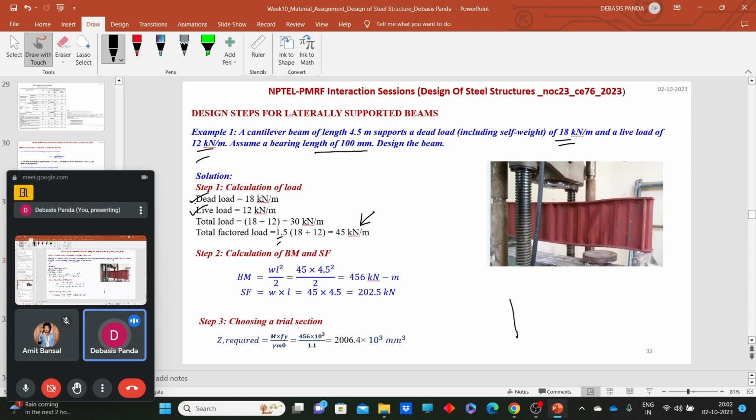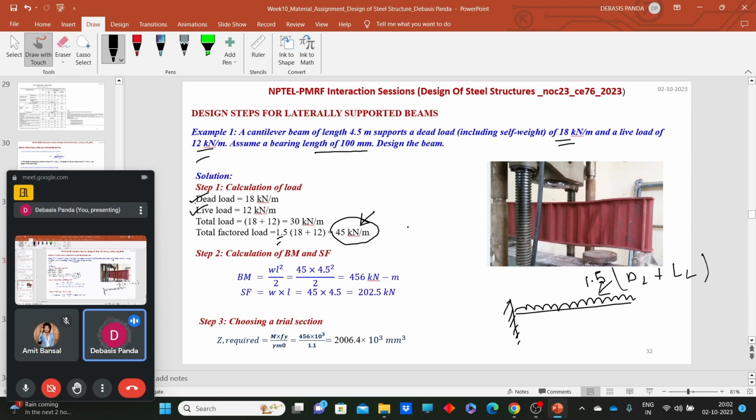Some load is coming, which is a combination of dead load and live load, and for dead load and live load, the factor of safety as per limit state design is 1.5. So this is the factored load coming to the beam.